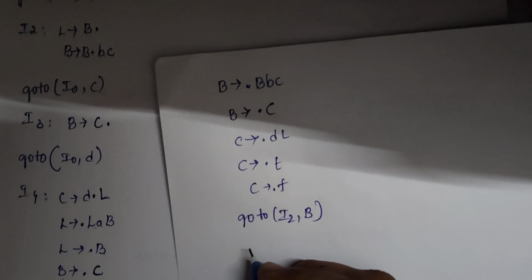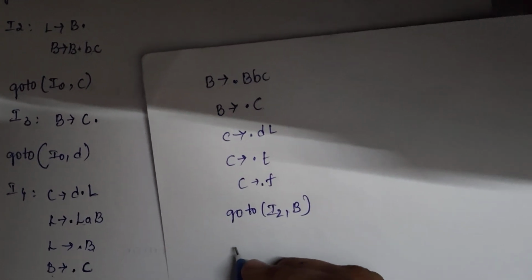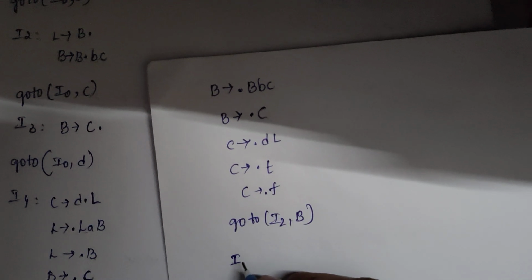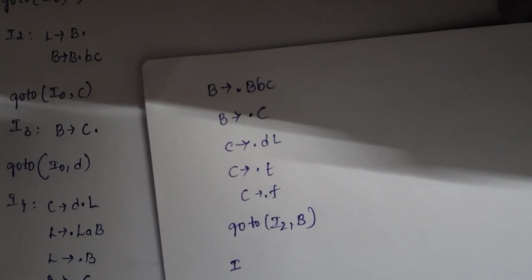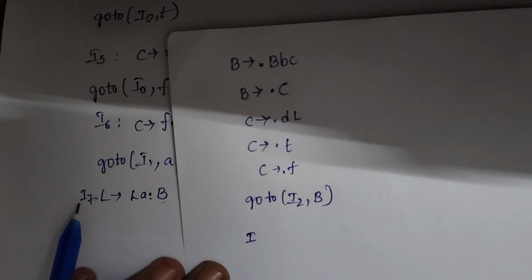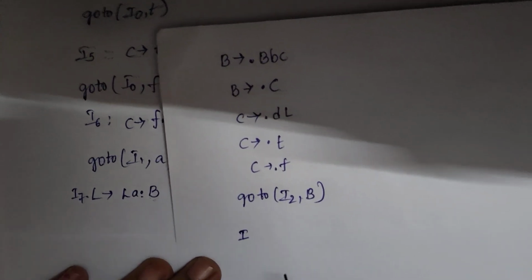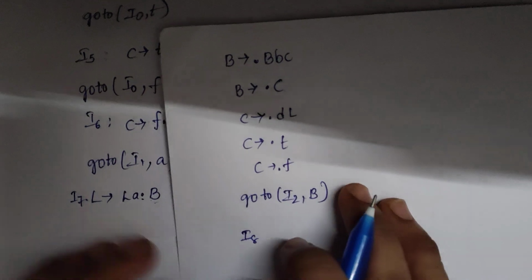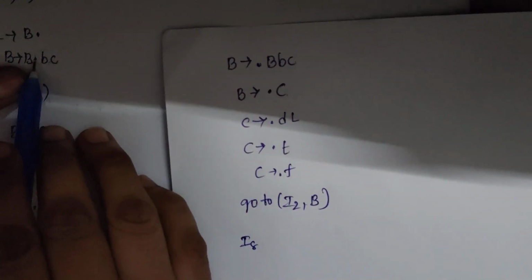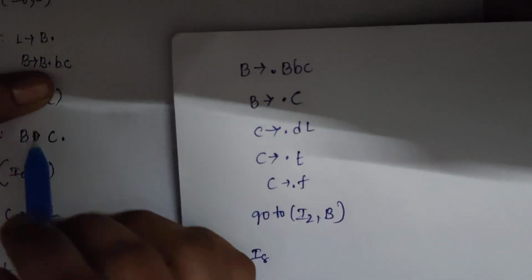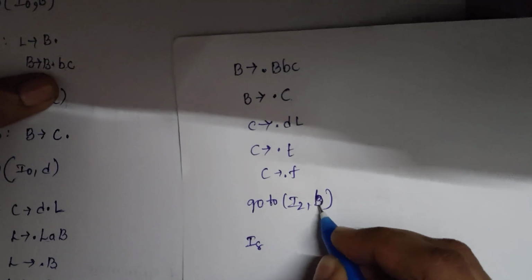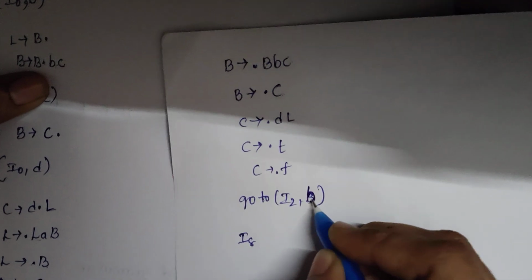Okay, so let us consider this: already how many states are we done up to? So we are done up to the 7th one. Now this is 8. So in I2 the dot is following small b, so I2 comma small b.